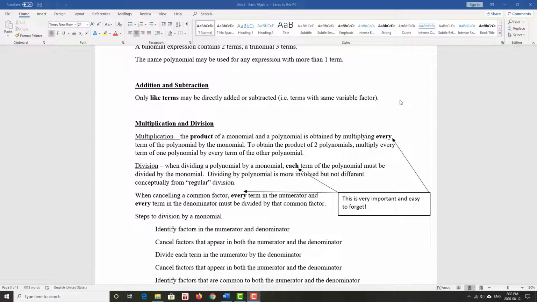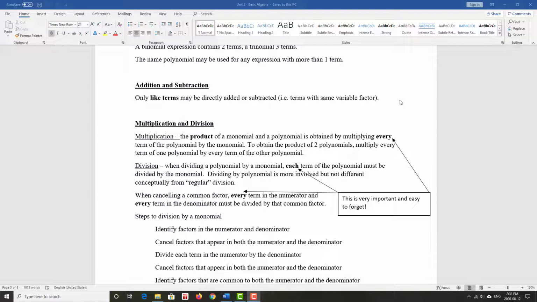It really isn't. Okay, so there's some aspects here with multiplying and dividing with these monomials and polynomials. If you're going to multiply 2 polynomials or 3 polynomials or whatever number, the key thing is just to be multiplying every term of the polynomial by the other polynomial or by the monomial, okay?